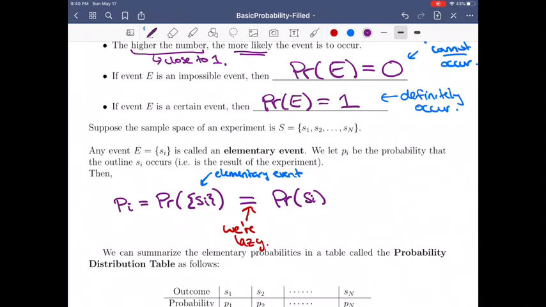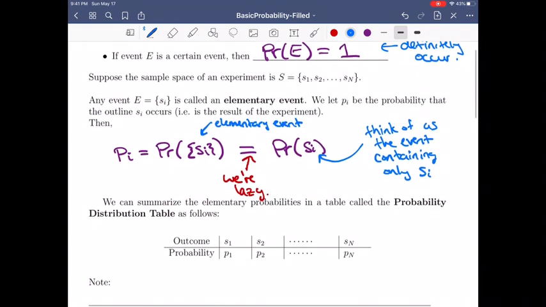But you should still think of this as the event containing only that one outcome, even though there's no set braces. So that's just a small note on terminology, or notation, actually.